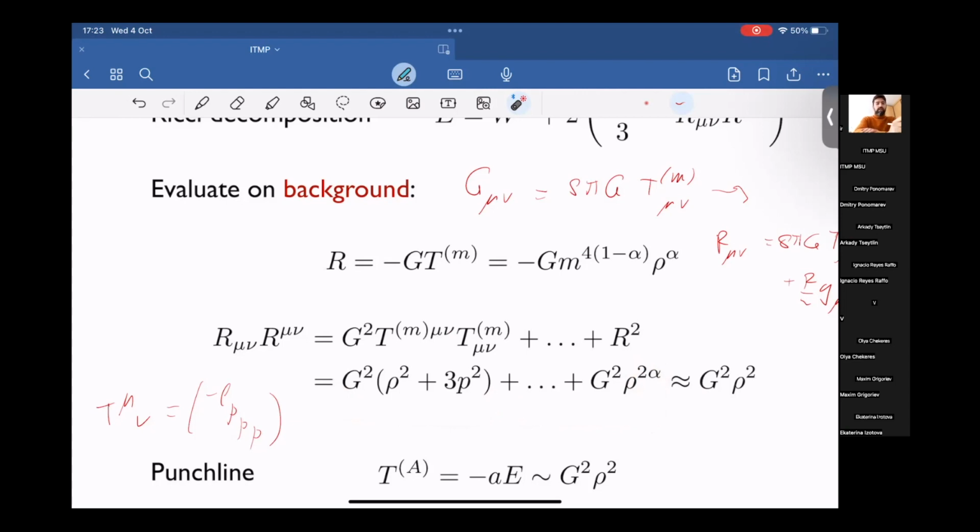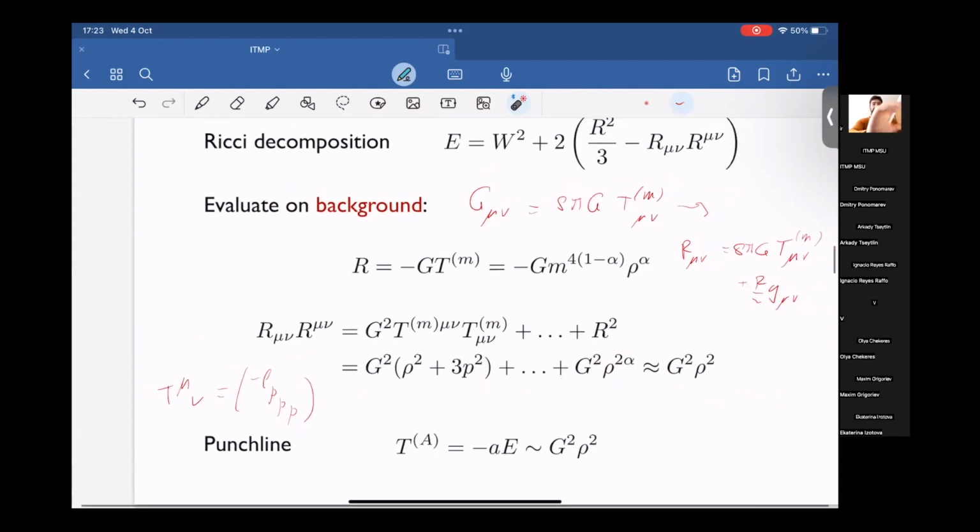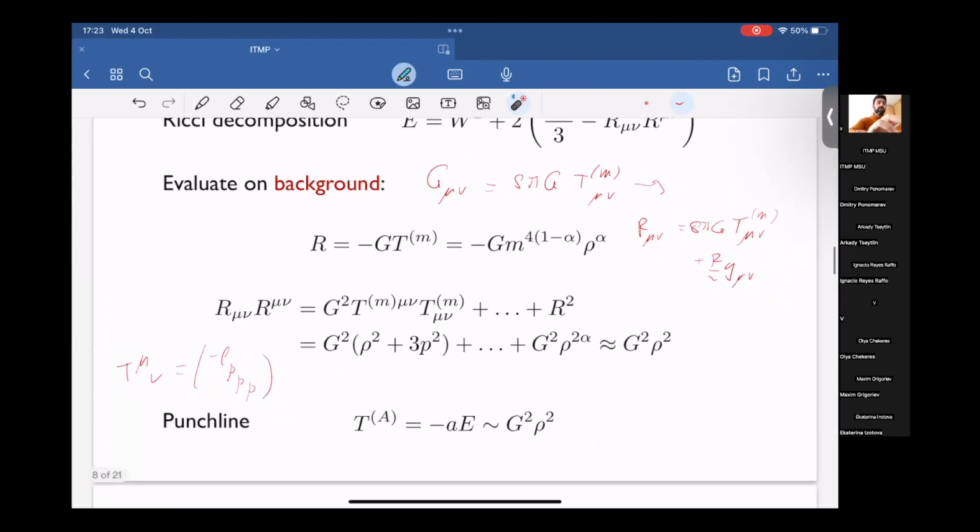So the bottom line is that the most important contribution to the square of the Ricci tensor scales as G²ρ². I put the pressure proportional to ρ because, as we said before, at leading order they become proportional. I'm not interested in the coefficients and prefactors here. I'm just trying to grasp the scaling at high energies.